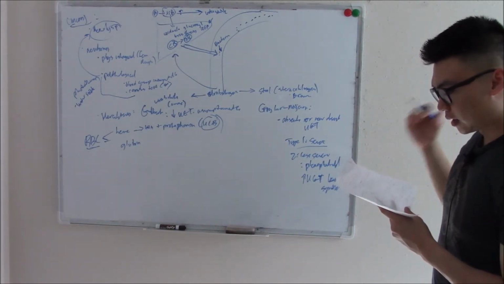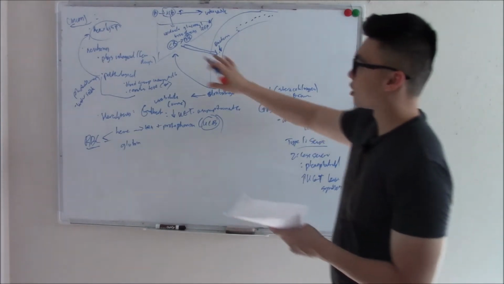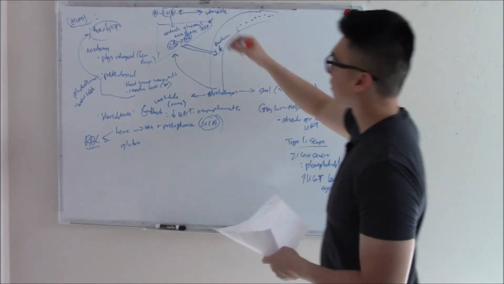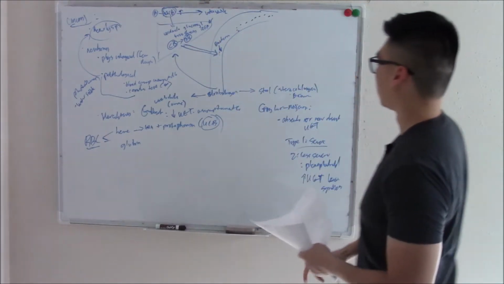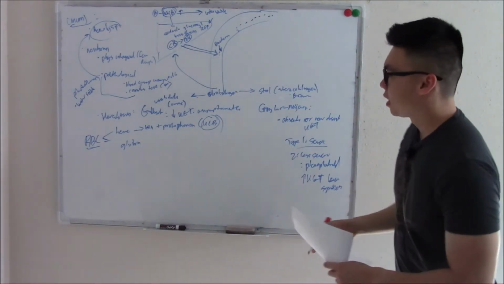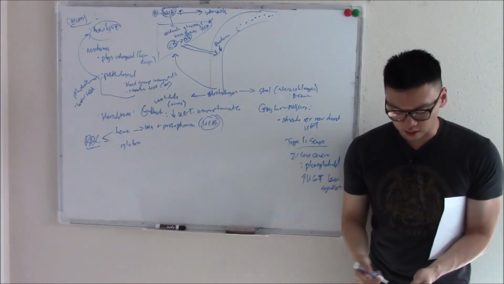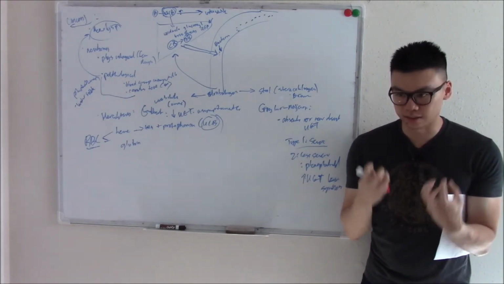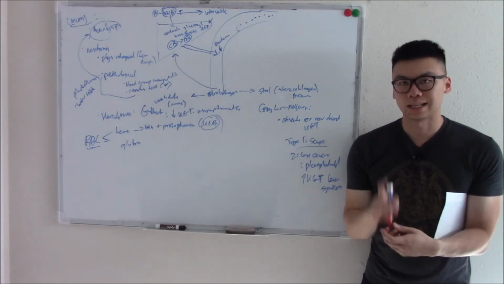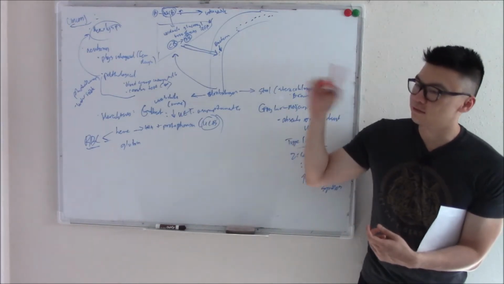Now, these are all causes of unconjugated bilirubin, with Crigler-Najjar being the worst of them. When you have unconjugated bilirubin, I said it's not water soluble, but I did say it was lipid soluble. That's important because that makes it very, very dangerous.